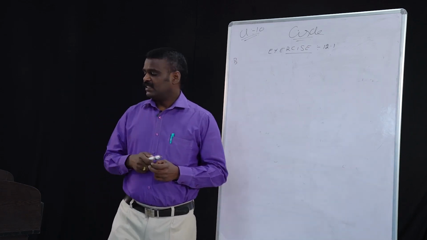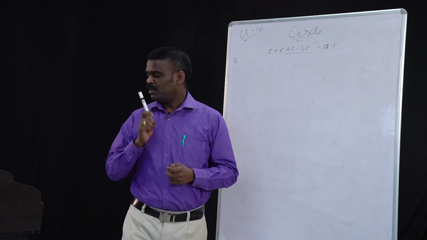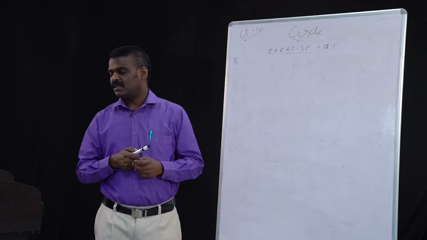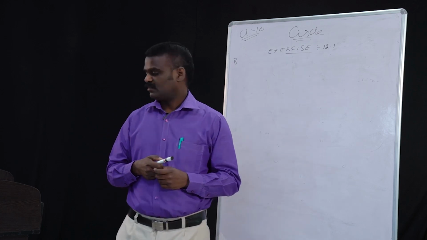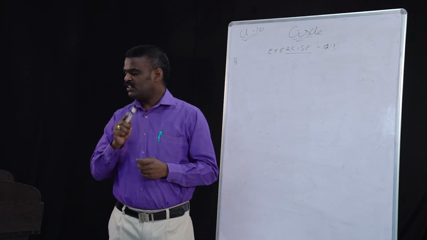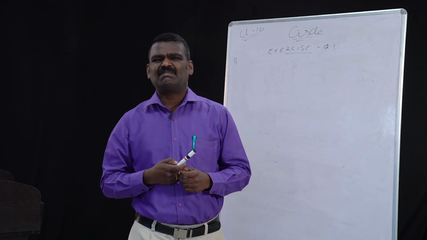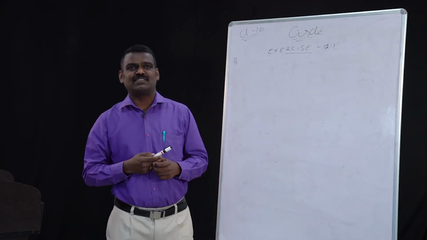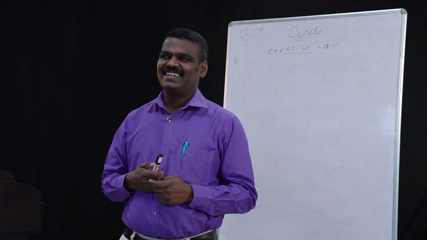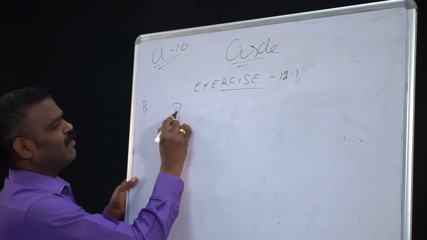How many complete revolutions does each wheel make in 10 minutes when the car is traveling at a speed of 66 kilometer per hour? Quite a tough question, is that not? Yes. Okay. Diameter of the wheel is given.